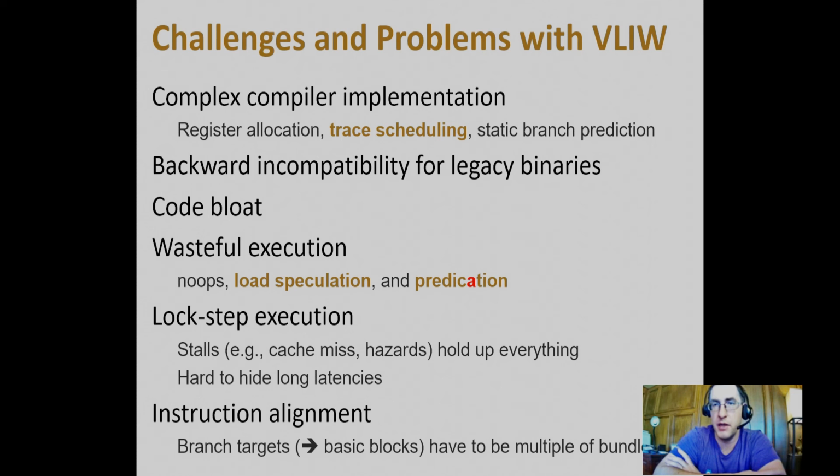Lockstep execution of a bundle moving down the pipeline in tandem means that when you have a stall in one part of the bundle, you have to stall all of the bundle. So you stall everything, which makes it harder to hide cache misses, for example. If you have a load instruction in a bundle with an add instruction, and that load has a cache miss, then you have to stall until you get the data for that load. And that means you also are stalling the ALU pipeline.